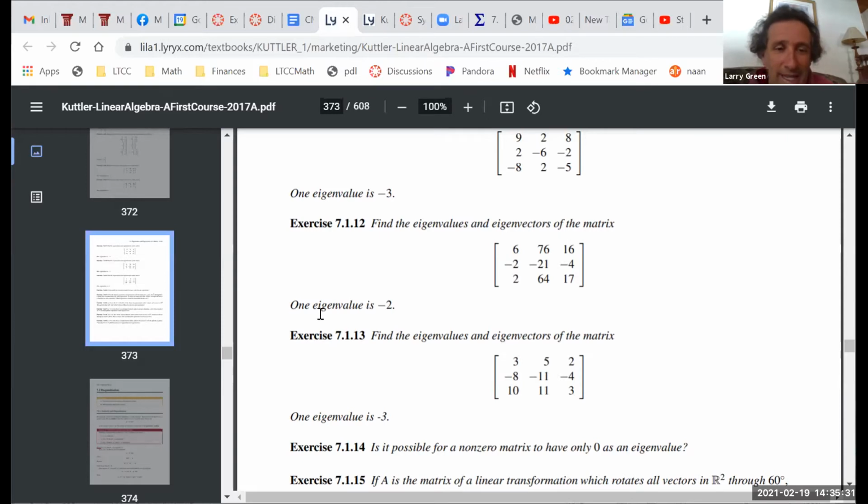And they give you a hint. One eigenvalue is -2. Why do they give you this hint? Anyone know? Why it's going to really help eventually to know that?